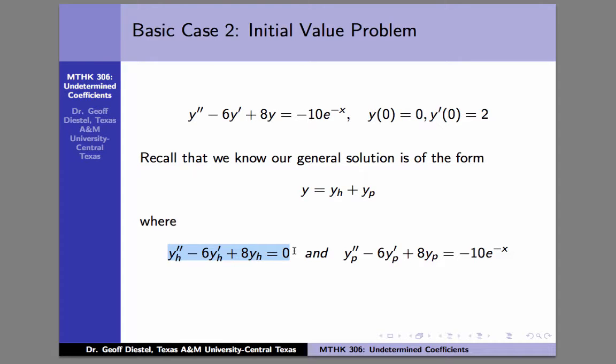That's what we just got done talking about, how to solve that using characteristic equations and roots of the characteristic polynomial. And yp is going to be one particular solution of our equation. Again, remember what we just did in the previous example. We found a particular solution to something like this. But that particular solution doesn't have any unknown constants. It's a specific function. So this y sub p may not satisfy the initial conditions we're given.